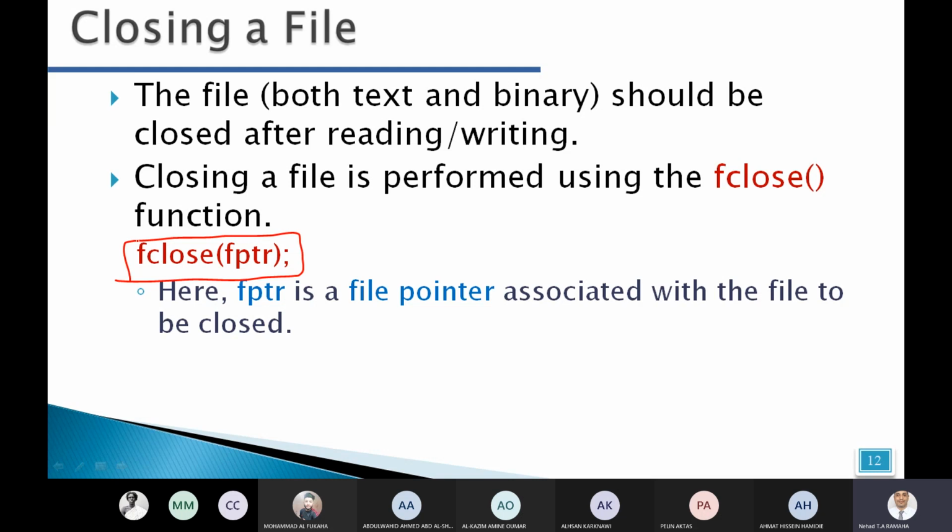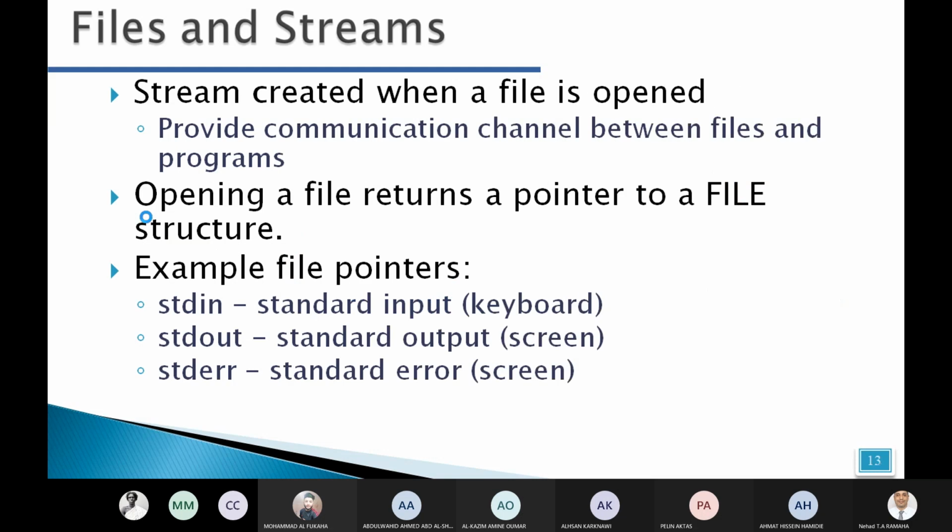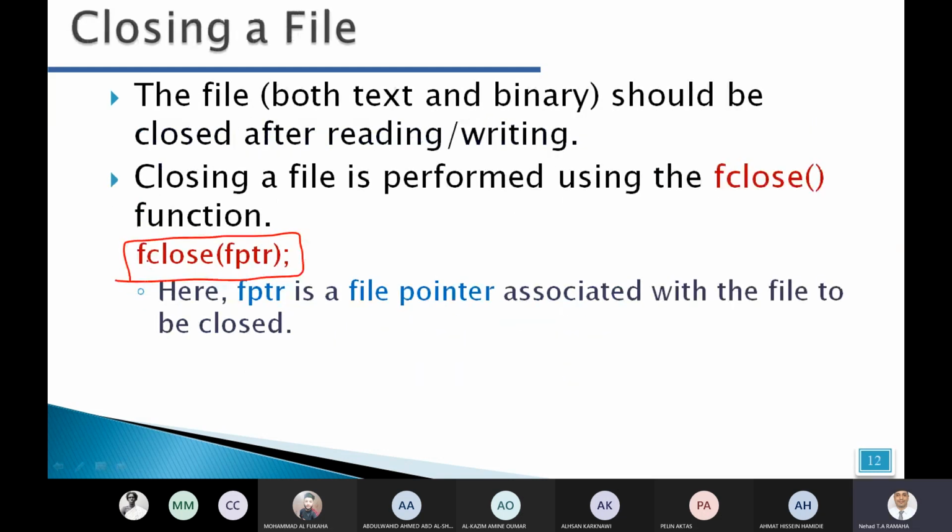So it's better to close your file correctly. The file should be closed after reading and writing. To close the file, you use fclose and the name of the pointer for our file.